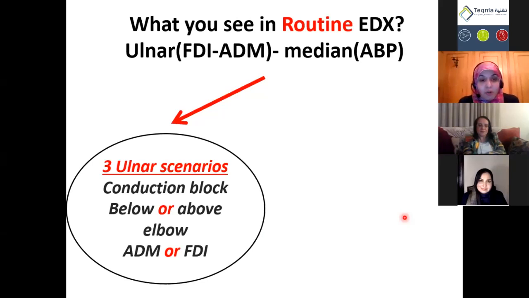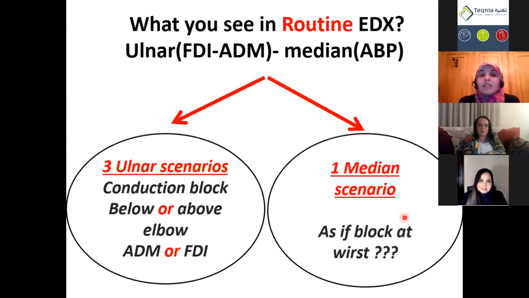When you see conduction block below or above the elbow from ADM or FDI in routine ulnar, you suspect Martin-Gruber. In the median, when you see as if there is block at the wrist, as if the wrist potential is smaller, then you suspect Martin-Gruber.